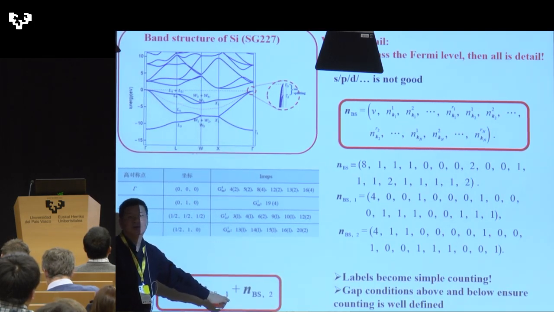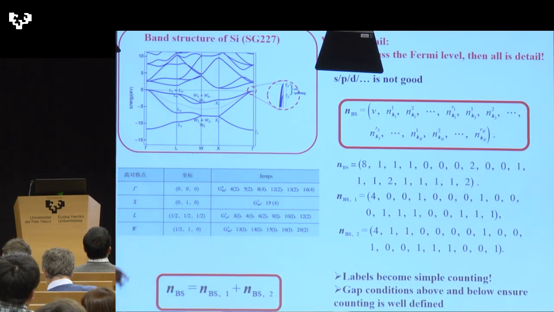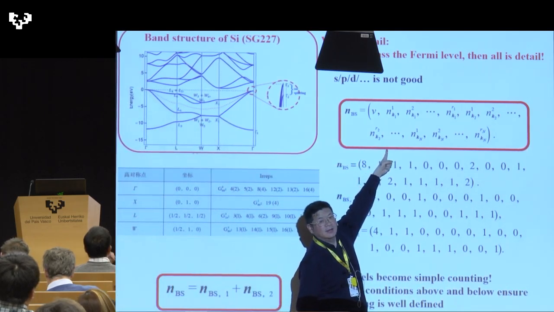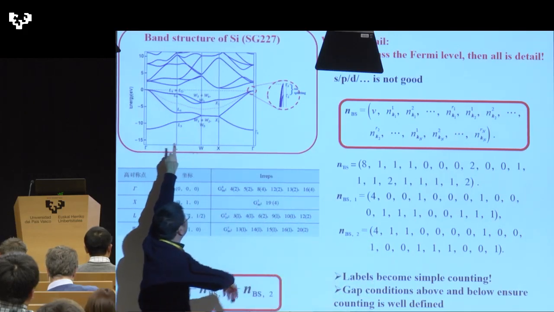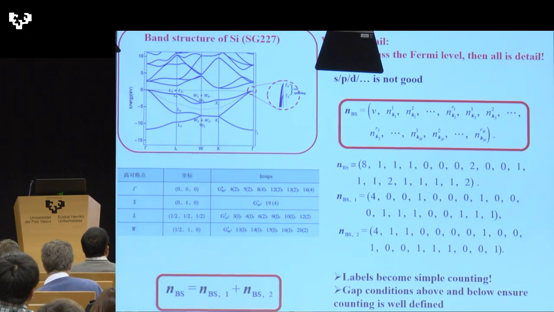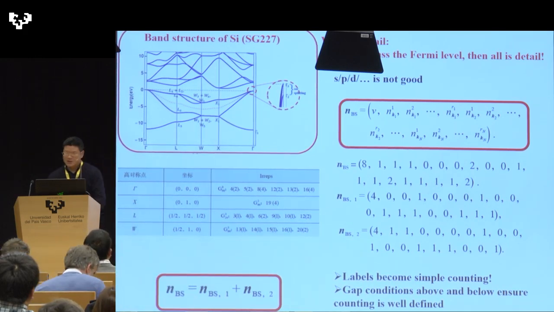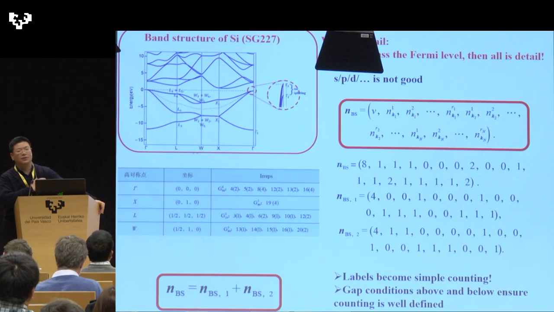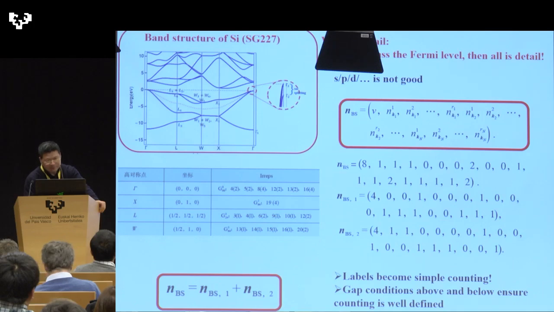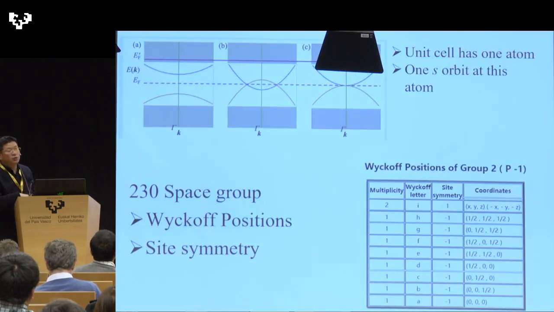It's very simple. For this new band, you can also get this one. And for 5 occupied bands, it's just simply doing the plus. So that's one thing I want to tell you, how to efficiently label the band. We just check the high symmetry points. Of course, we will meet something, but okay.